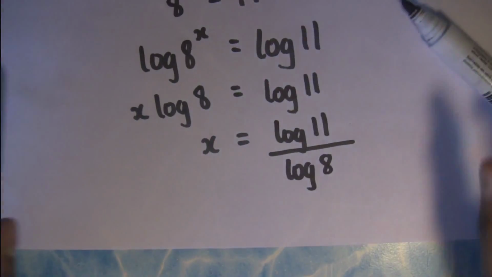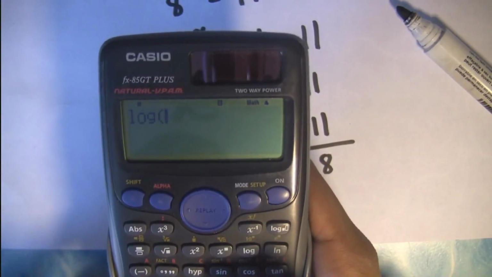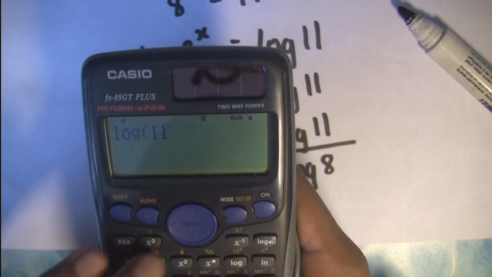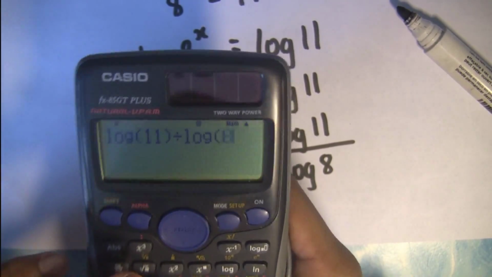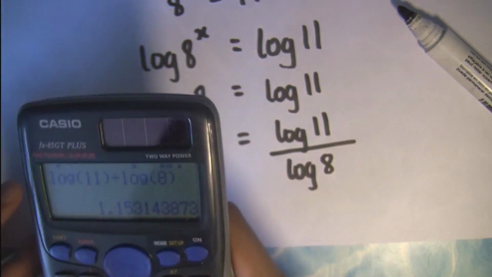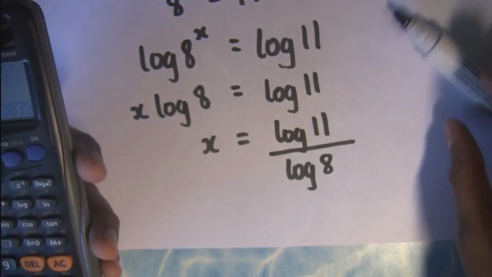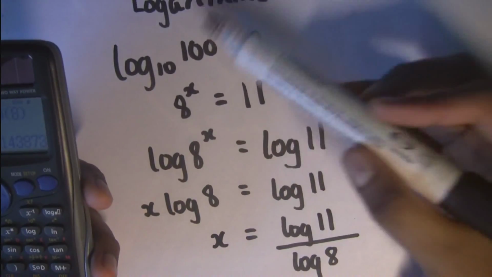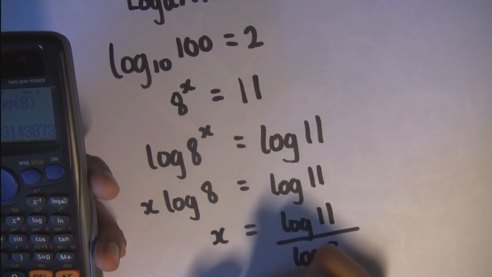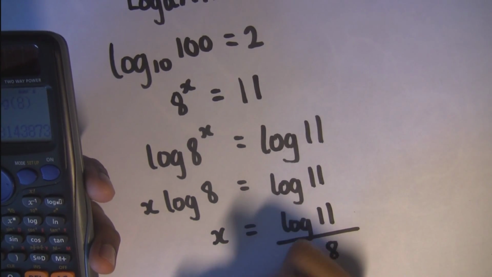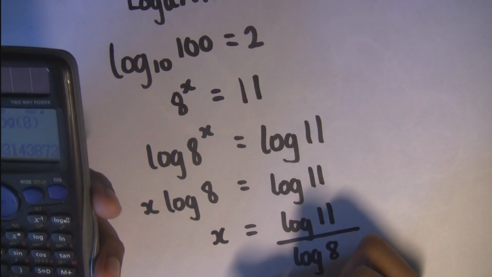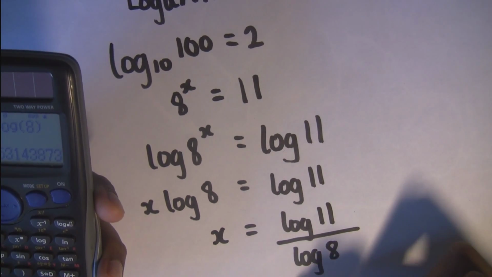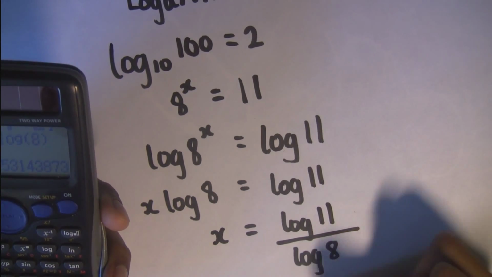If I just show you my calculator, so you can see what I'm doing. There we go. Log 11 divided by log 8. So I get this value here. Now by the logic I've used up here, this would mean that log base 8 of 11 equals x.